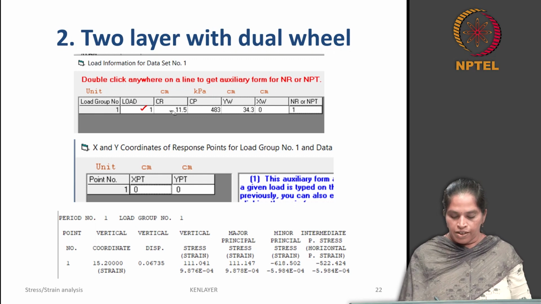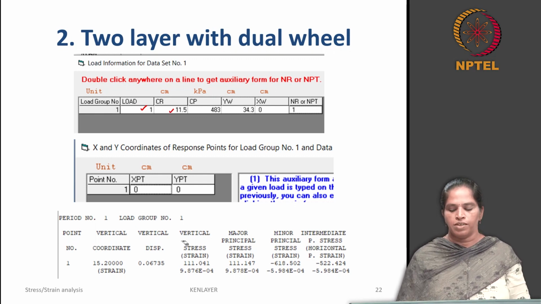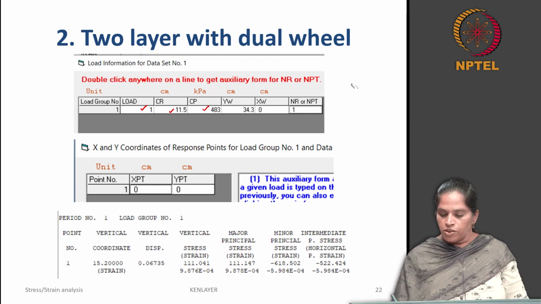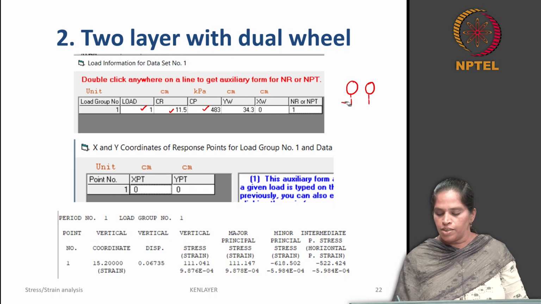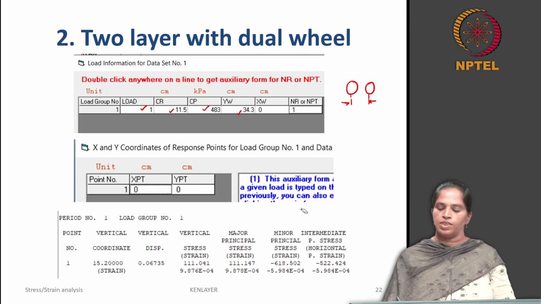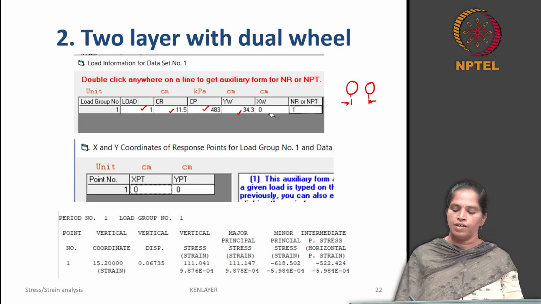The contact radius is 11.5 centimeters. Contact pressure is 483 kilopascal. You need to define YW, which is nothing but the center to center spacing between the two wheels. That is 34.3 centimeters. XW, you don't have another axle here, so you keep XW as 0.